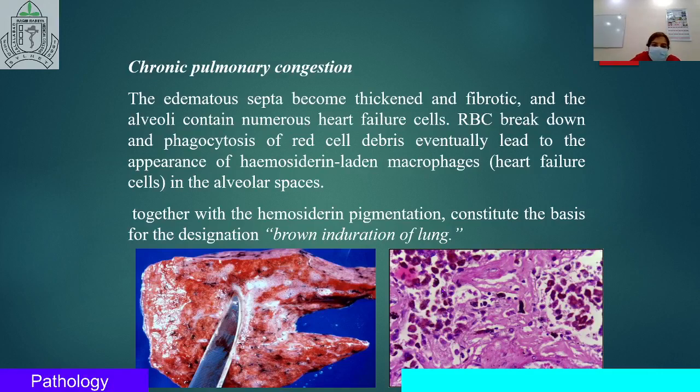What is a heart failure cell? Hemosiderin-laden macrophage. In chronic pulmonary congestion, this is the key point. Together with hemosiderin pigmentation, it is known as brown induration of lung.